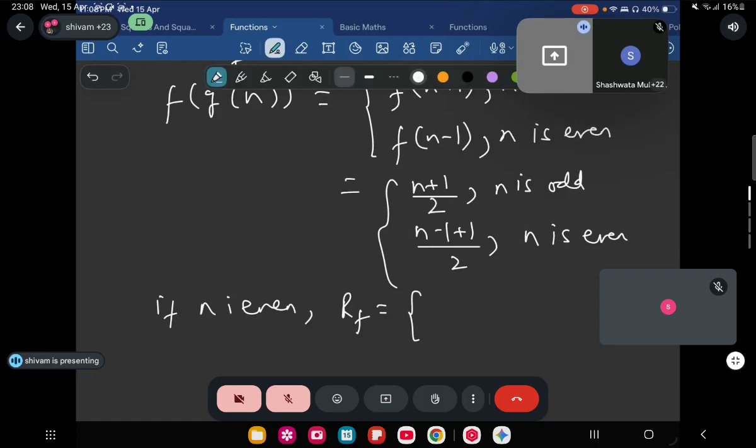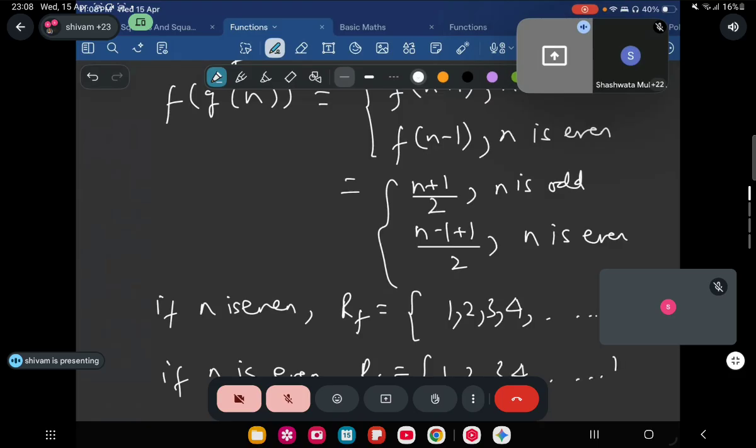Now, what is the range of this function? If n is odd, the range of the function will be 1, 2, 3, 4, and so on. And if n is even, the range will be the same thing: 1, 2, 3, 4.